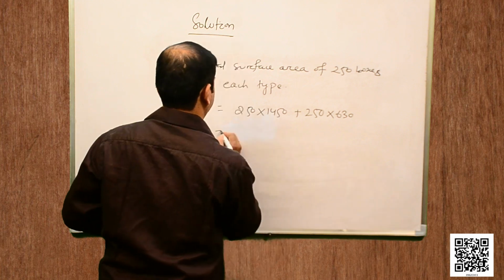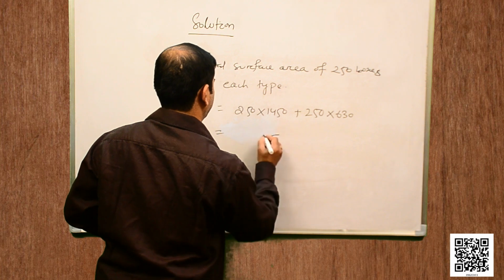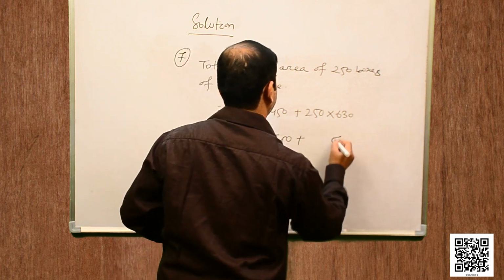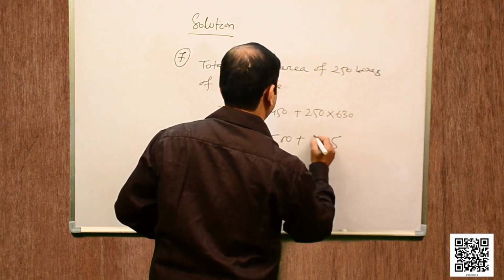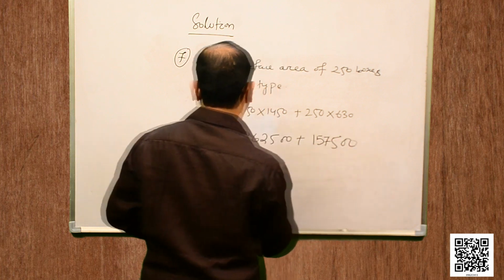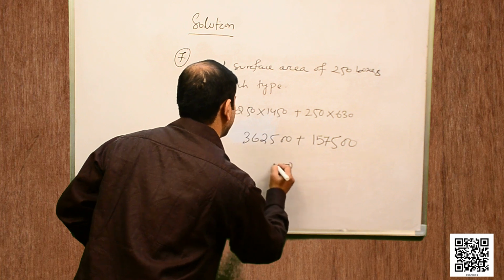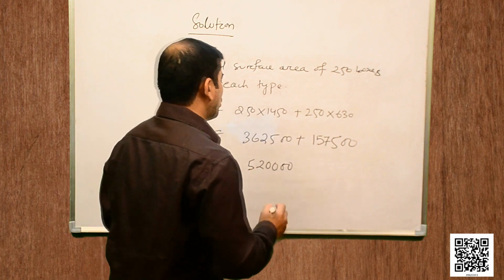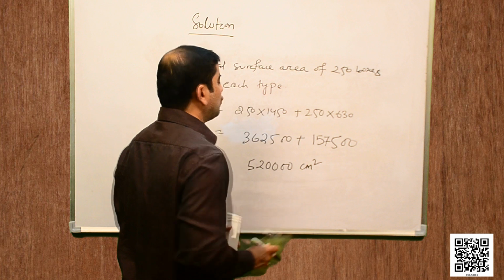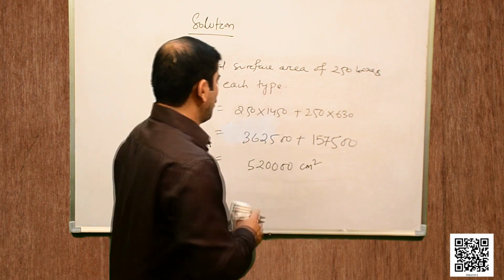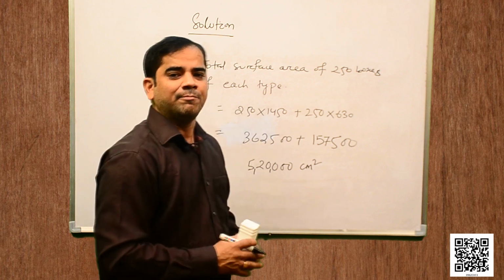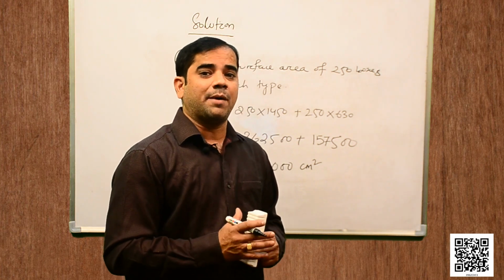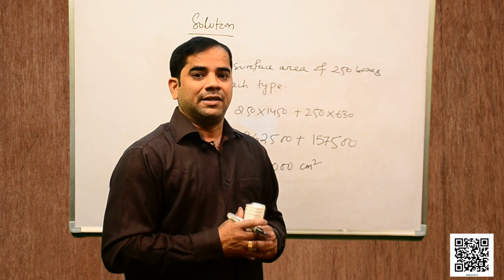Okay. So the total surface area for 250 boxes of each type is equal to 5,20,000 centimeter square.